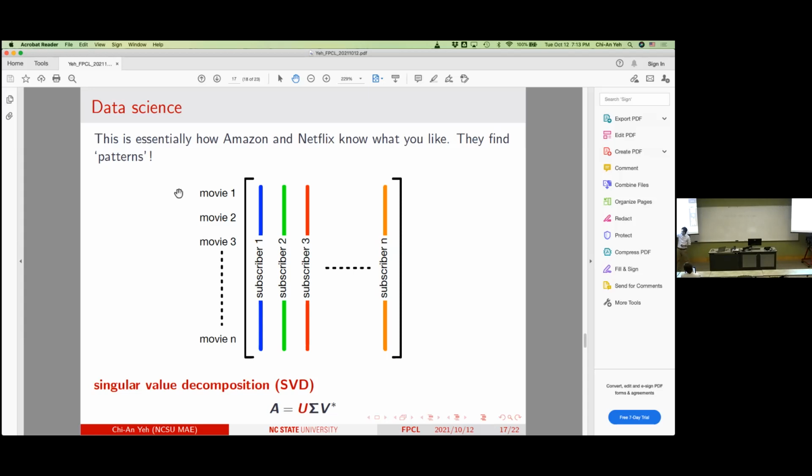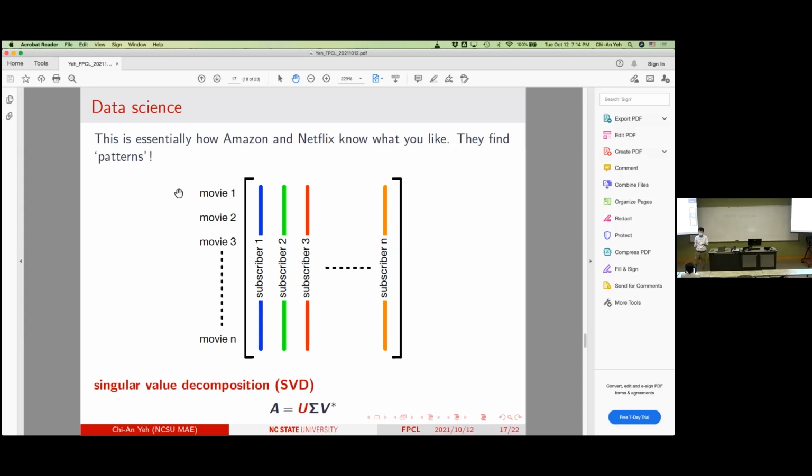And what principal component analysis does is to find the patterns across all this user data, in terms of each individual vector. Say I may be a big fan of superhero movies. So if I watch Marvel movies, I may have a tendency to also like DC movies as well.